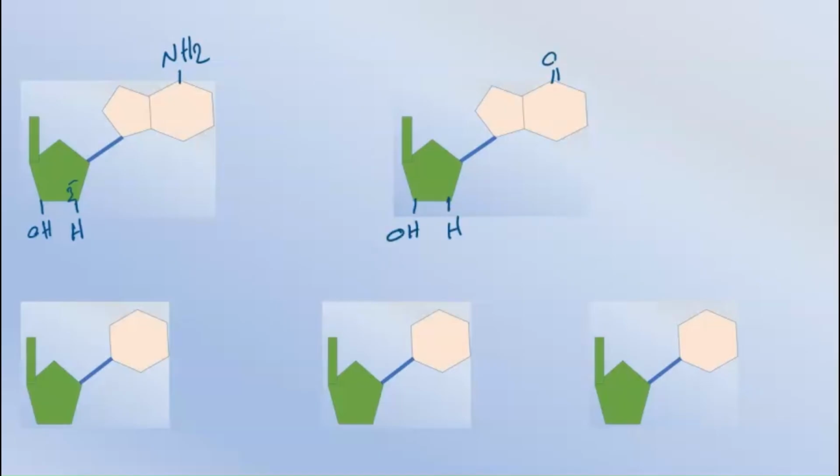What's this? So, on the 2', there's no oxygen, so it's deoxy, 1 ring, 2 ring, no NH2 group, no amino group, so this is going to be deoxyguanosine. Great. What about this? What's this going to be? It's going to be, yeah, deoxycitidine.